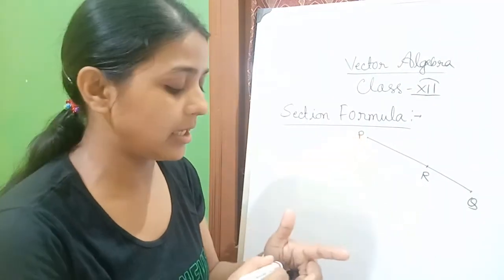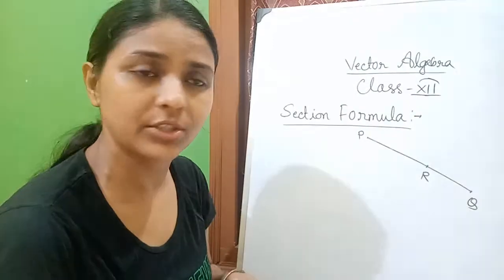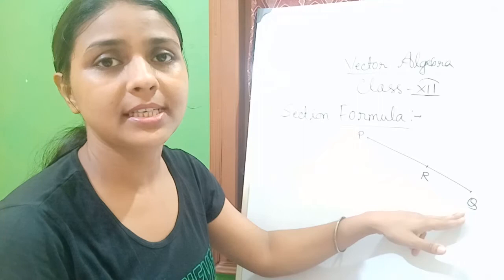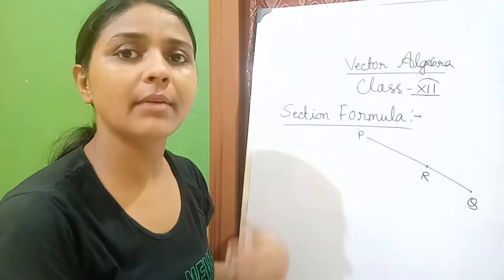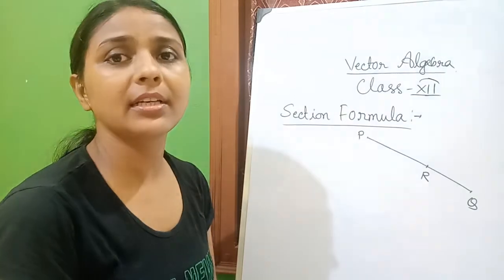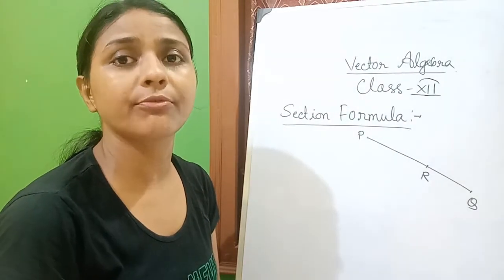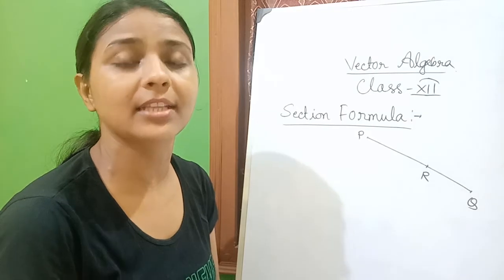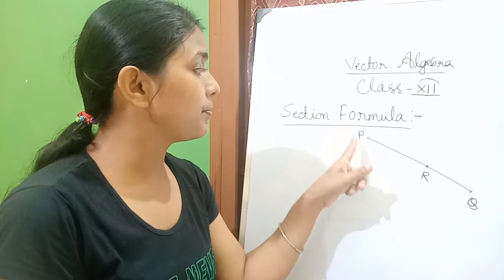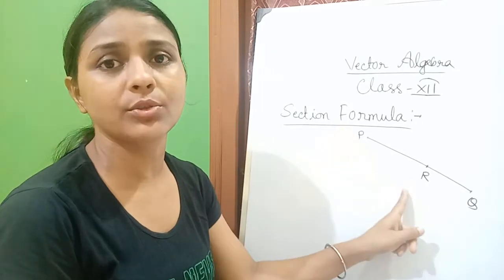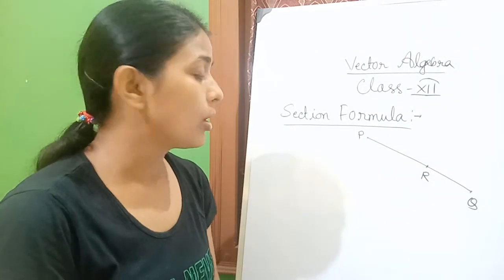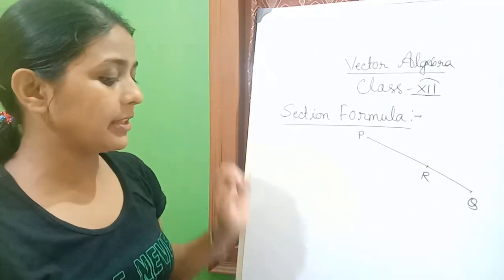Previously, in 2-dimensional and 3-dimensional geometry, we had P's coordinates and Q's coordinates, and we had to find R's coordinates. Here we will not find R's coordinates, rather we will be finding R's position vector, whereas P's position vector and Q's position vector are given. So we will start with that.